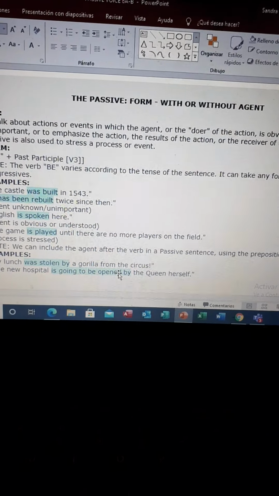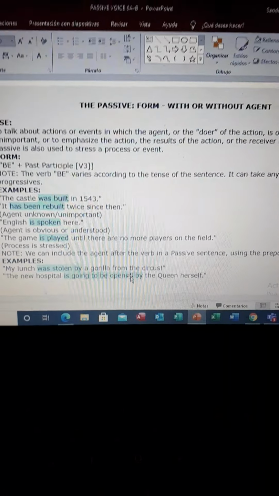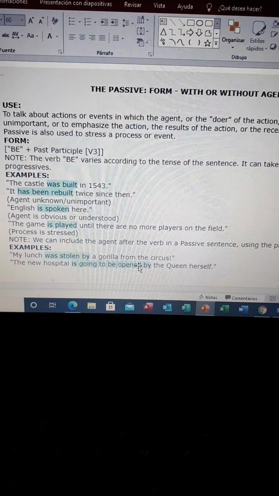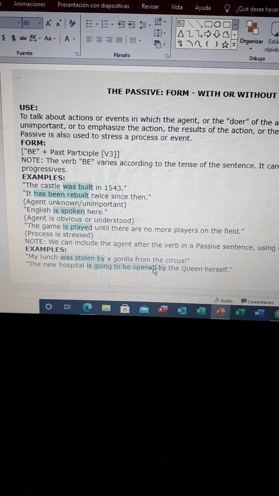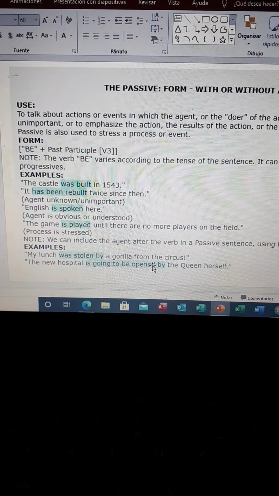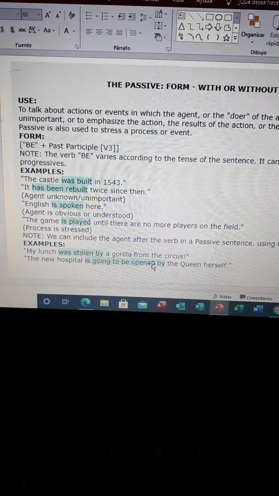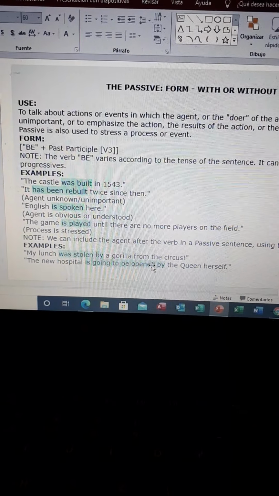Okay, guys, we're going to talk about the passive voice, okay? The passive voice is a topic that also comes in Unit 3, okay? And it's important to review it because we're going to work with passive voice also in 7th grade in English 4th, okay?